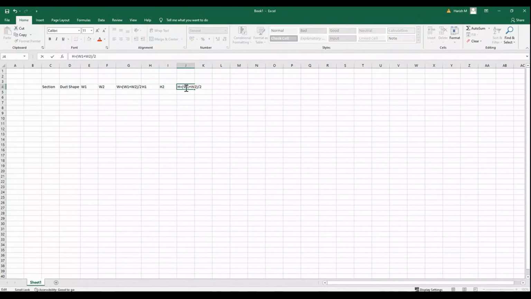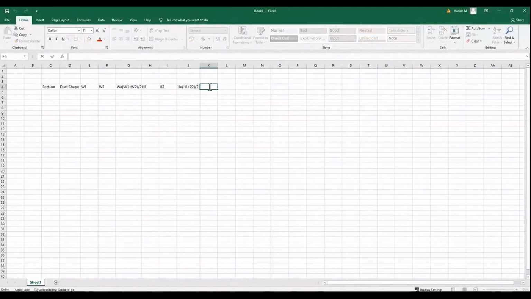H equals H1 plus H2 by 2. Next, L1, L2. L equals L1 plus L2 by 2.